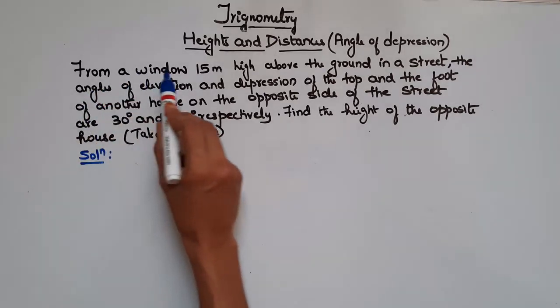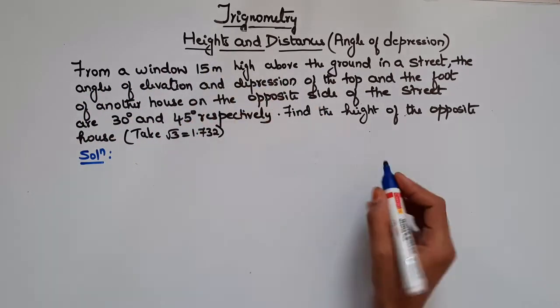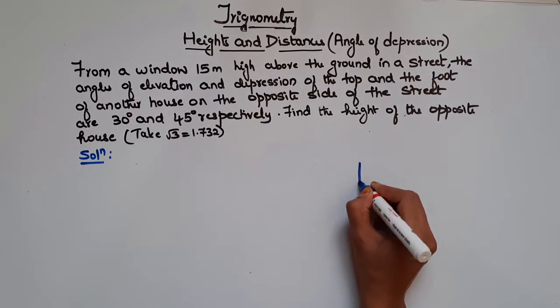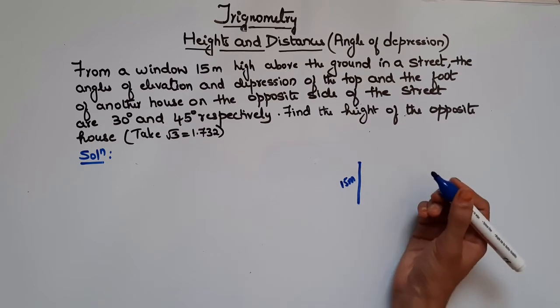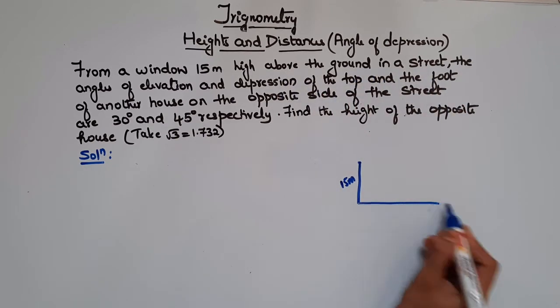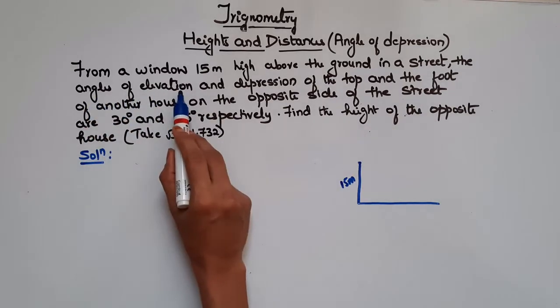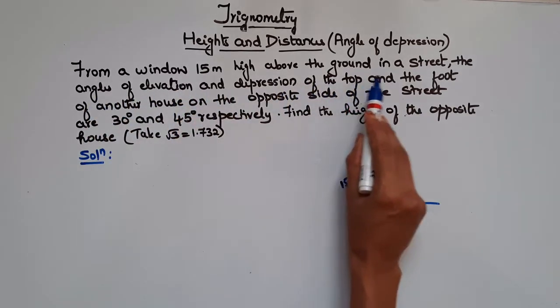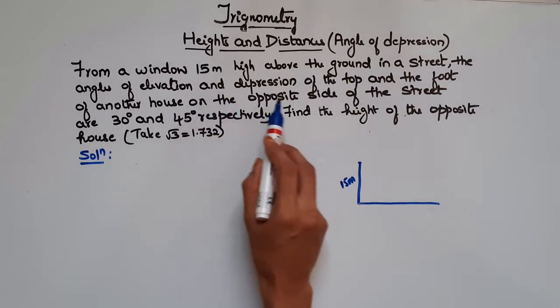Here it says from a window which is placed 15 meter high. So we have a window which is 15 meters high. So here is a window, alright, above the ground in a street. So above this is the ground level. The angle of elevation and depression of the top and the foot of another house on the opposite side of the street.